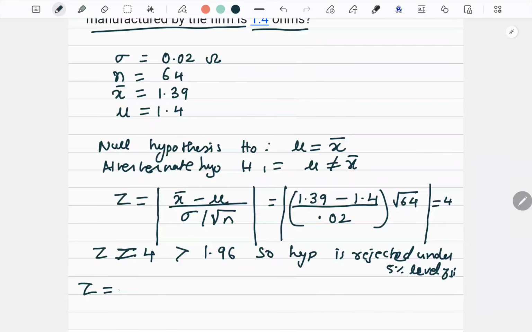Okay, now Z is 4, which is greater than 2.58. So the hypothesis is rejected under the 1% level of significance. That's it. Question done. That's the only small thing you have to do.